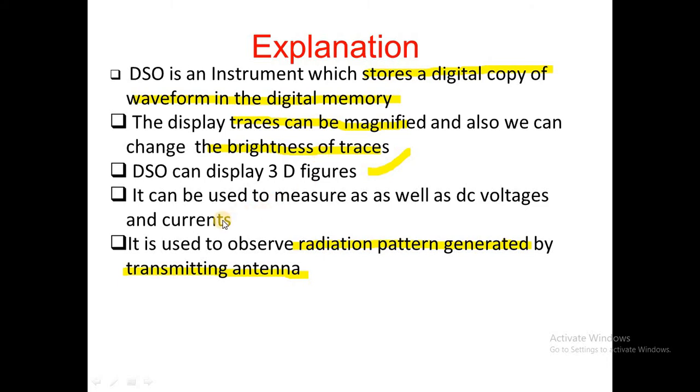A DSO can be used to measure DC voltages and currents, and it is used to observe the radiation pattern also. The radiation pattern is generated by the transmitting antenna, so it is useful for observing radiation patterns. So that is the overview of the DSO.